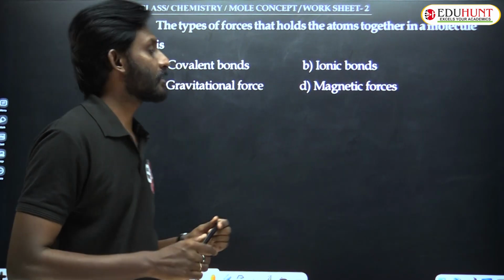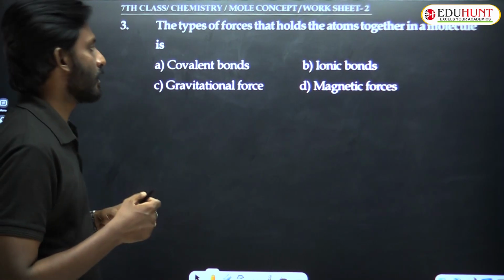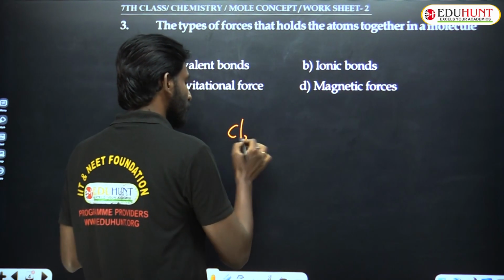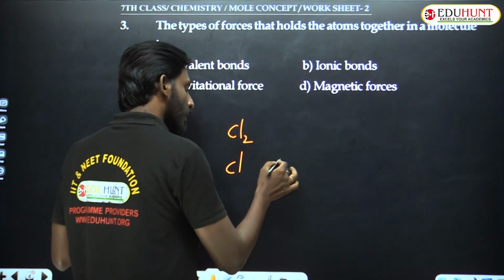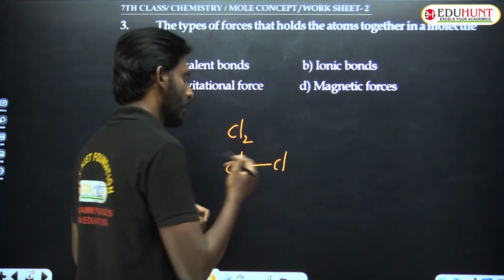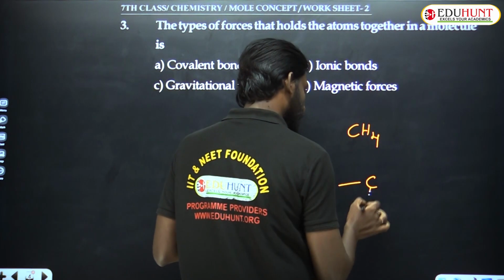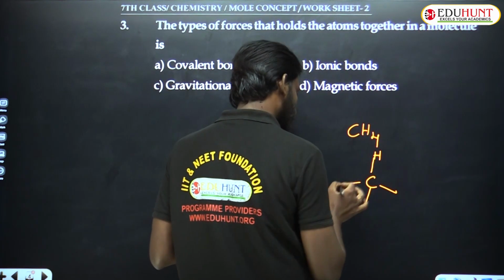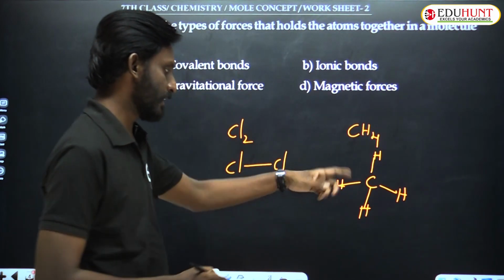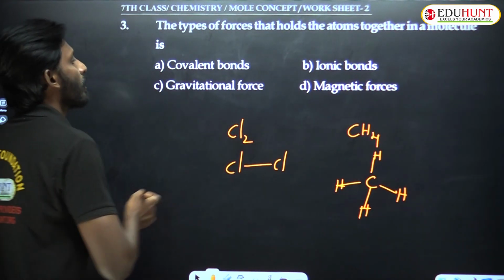Next, the type of forces that holds atoms together in a molecule. If you take a Cl2 molecule, between chlorine and chlorine there is a covalent bond, right? If you take a methane molecule, one carbon is bonded with 4 hydrogens, and all these bonds are covalent bonds only. Now what about ionic bond?